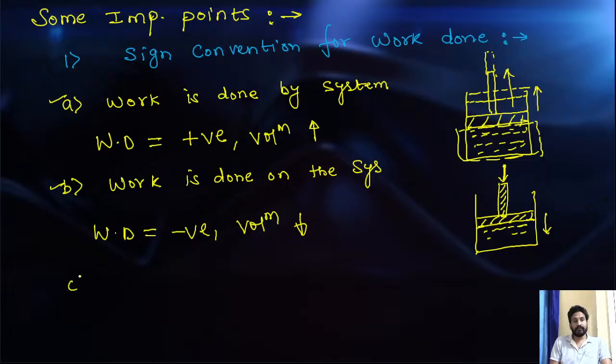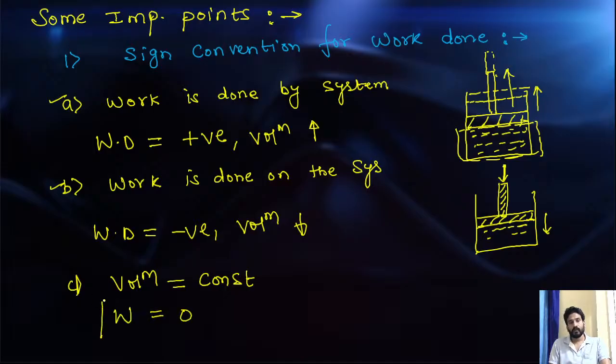C point, if volume is constant, it means work done is 0. Yes or no? As we know, the work done formula is P delta V. Delta V means change in the volume. If volume is constant, then delta V is equal to 0.